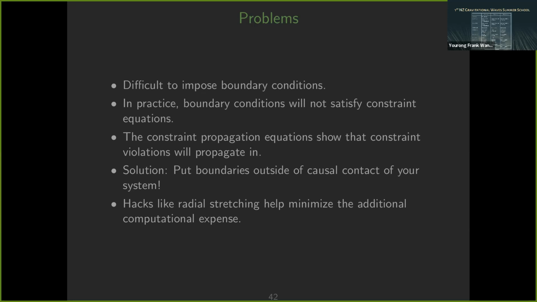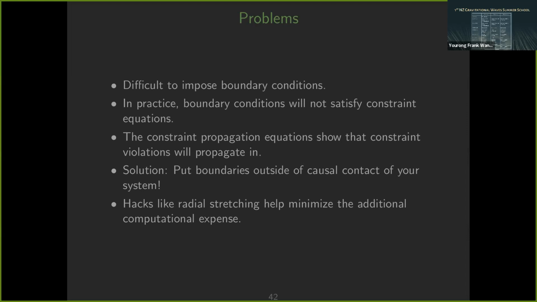So there are ways to get around this, and this is what most people do. And it certainly works, because this is the system that is used to obtain gravitational waveforms from these binary black hole systems.